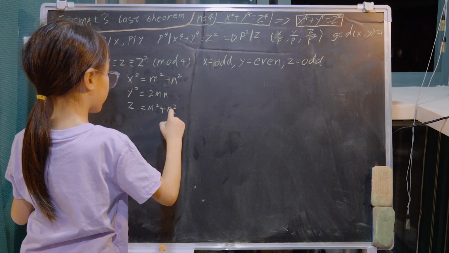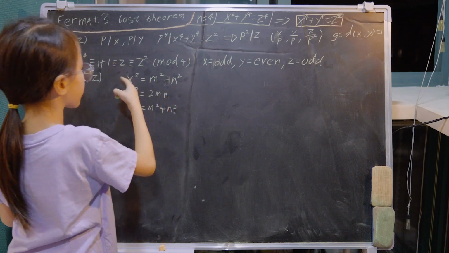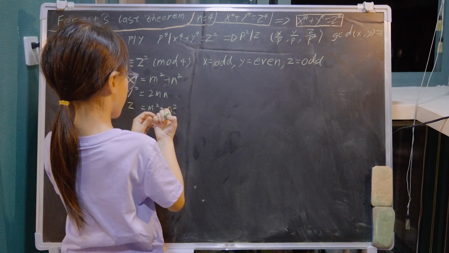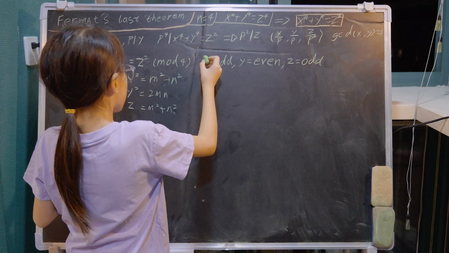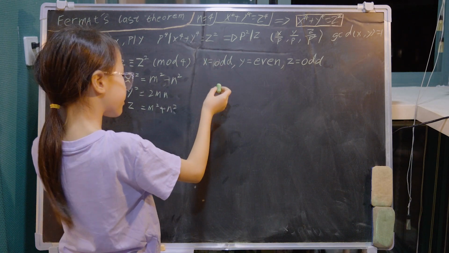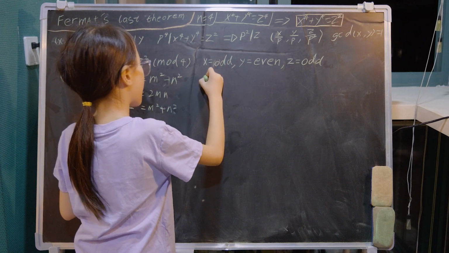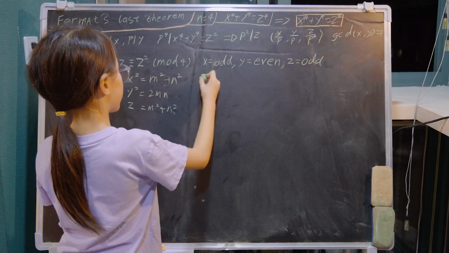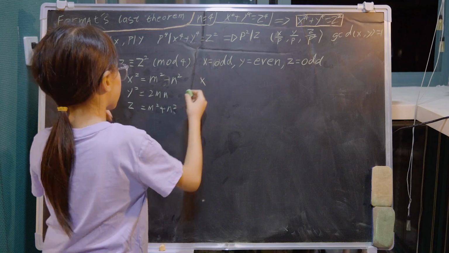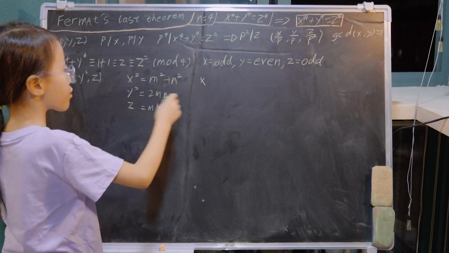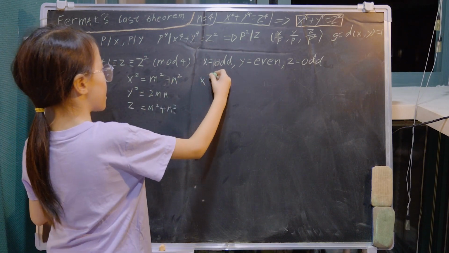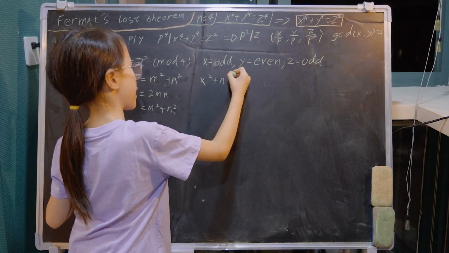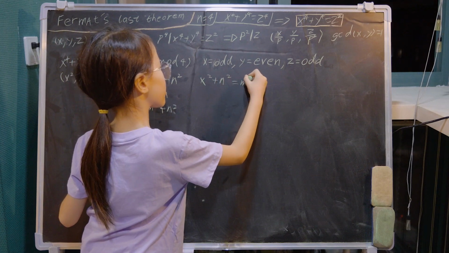So we can change the first equation, let's see. We can move this to the left part, right? So x squared plus n squared is equal to m squared.